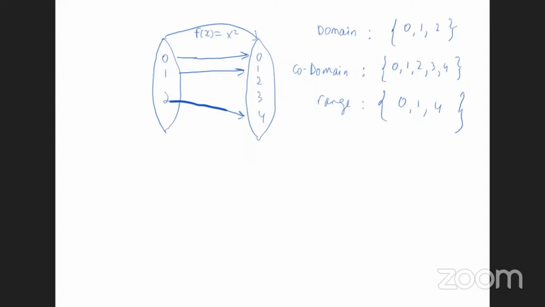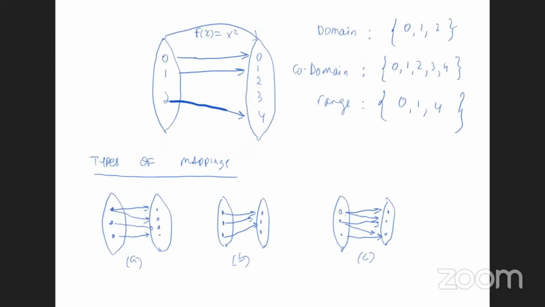Next, let's quickly take a look at the types of mappings. Let's see if we can name the types of mappings, right? If you look at the first one, there's one value in the domain going to two values in the range. You all see that? So that's one to many.